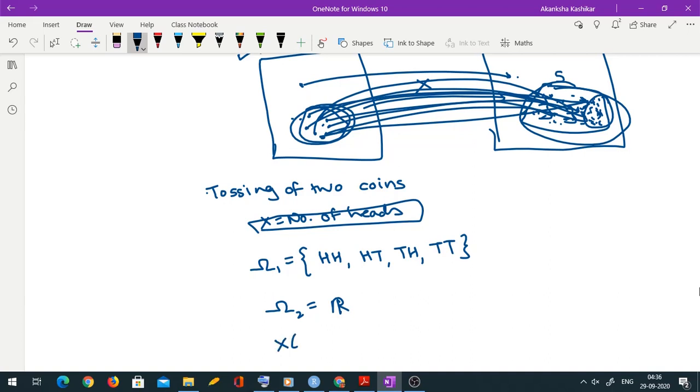And how is X defined? X of HH is 2 because there are 2 heads. X of HT is 1. X of TH is also 1 because there is 1 head. And X of TT is 0 because there is no head.